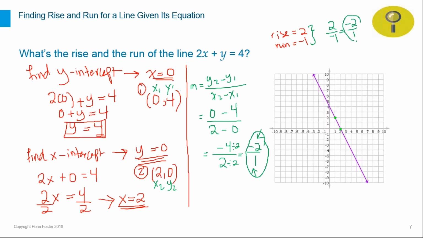Both methods will give you the same values of rise and run. Just be careful from the graph. You still need to reduce the fraction, so do not forget to reduce the fraction. In both cases, the rise is -2, the run is 1. You can choose which method you would like to use. In either way, you will have to use the double intercept method first.